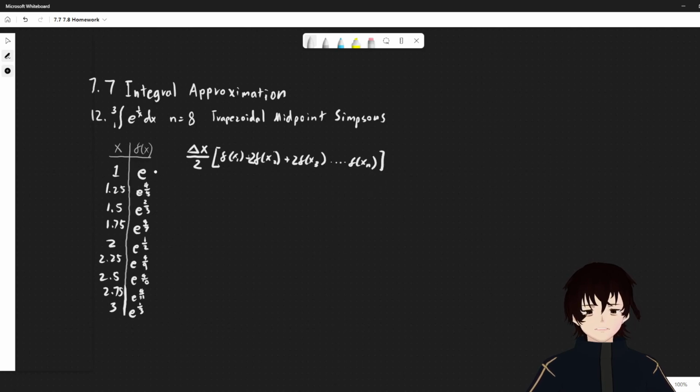So we basically gotta sum all these together. And I am not doing this by hand. No way. This is going to take a very, very long time.